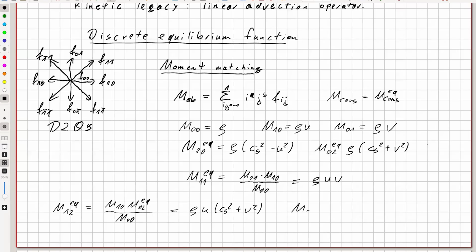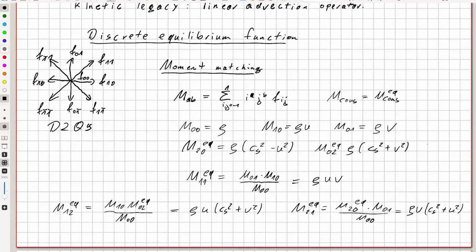Then M21 equilibrium is M20 times M01 divided by M00. Obviously, this gives us rho v times cs squared plus u squared.